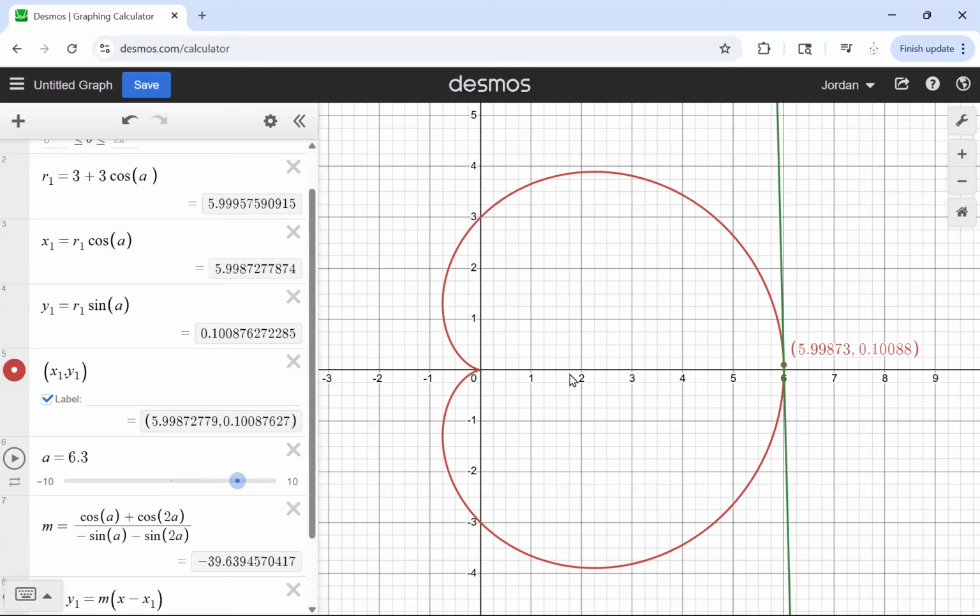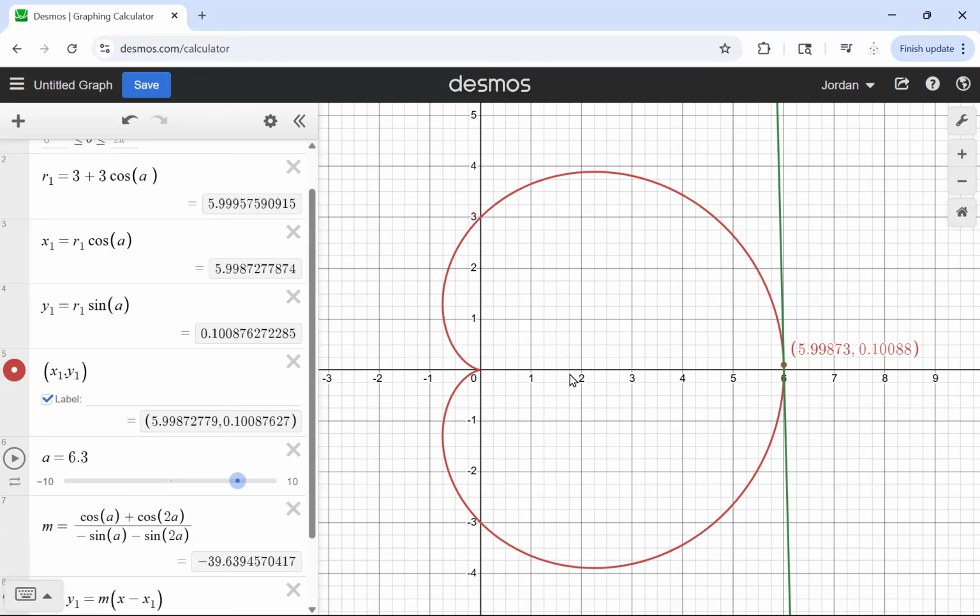I want to point out that this cardioid is not a function that we could have easily graphed in our rectangular form. The same thing with our previous example when we had a rose curve. We could not have graphed that very well in rectangular form.